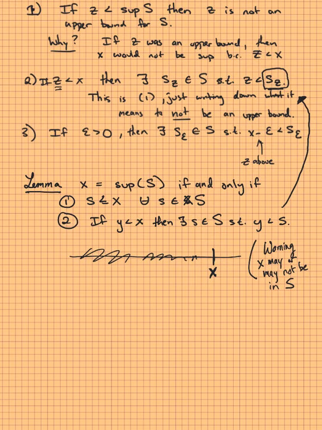We don't know if x is in S, but we do know that if we go an x minus epsilon away, we'll be able to find some s epsilon in S, or this could be my y.